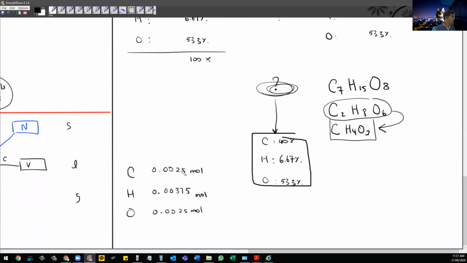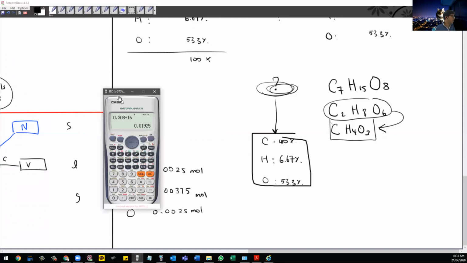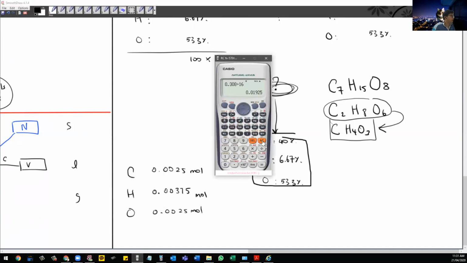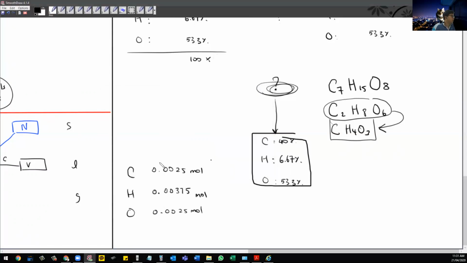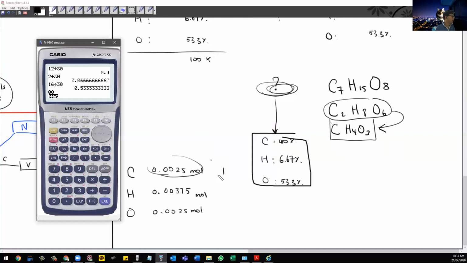Well, what's the lowest number of all of these? It's 0.0025, right? So if you divide this one by itself, you get 1. If you divide this one by that, 0.00375 by 0.0025, that's equal to 1.5.